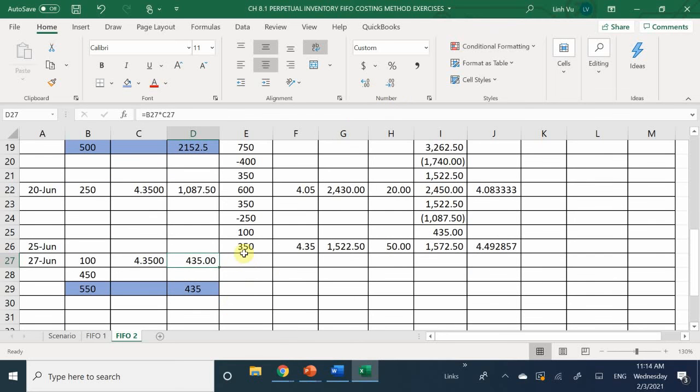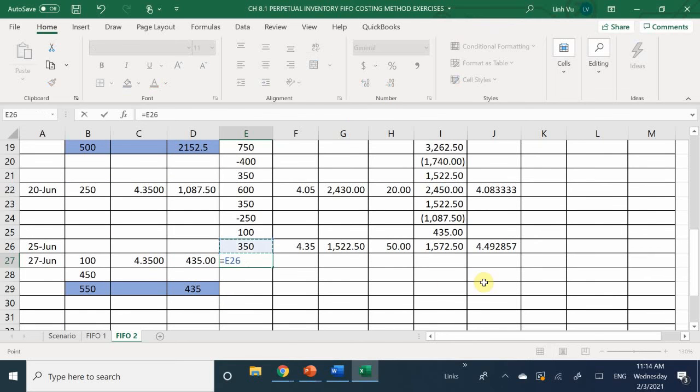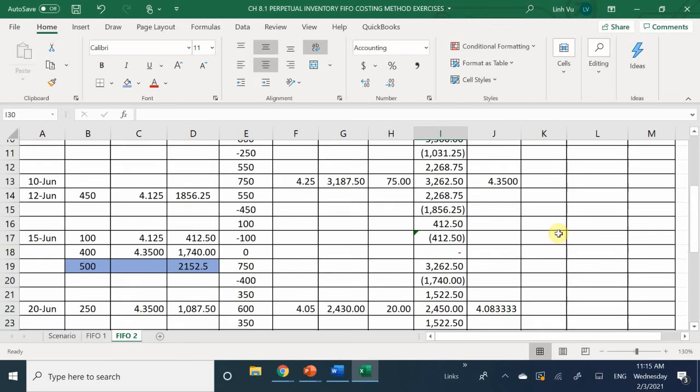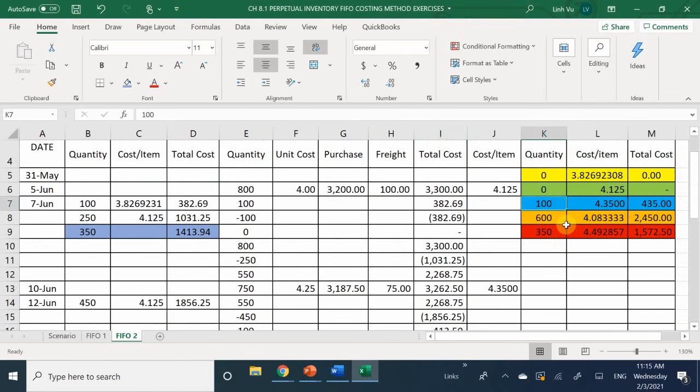And of course, you can come in here and you can just get rid of this batch here by pulling the information from above and subtracting out that 100 so you know that this is zeroed out. And we're going to go ahead and come up to our inventory on hand, and we're just going to get rid of it. All right.